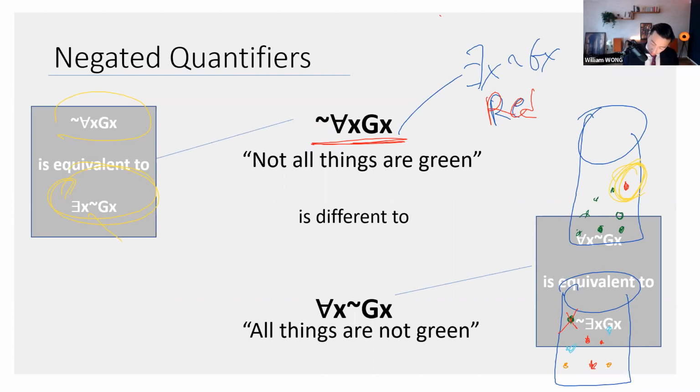This says for all x, not gx is equivalent to there does not exist a gx. So you're saying in this bucket, there's not a thing that is green. So exactly where you cross out the green.